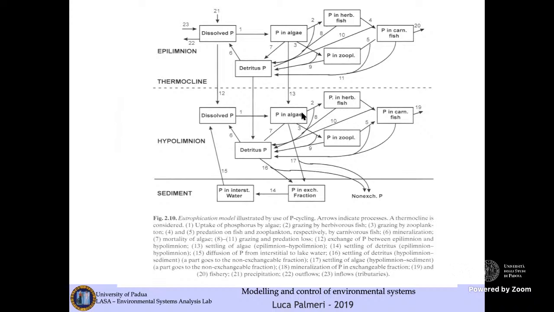This is detritus phosphorus. There is a missing number, so this is the 14th process: detritus that is passing from the epilimnion to the hypolimnion by crossing the thermocline.